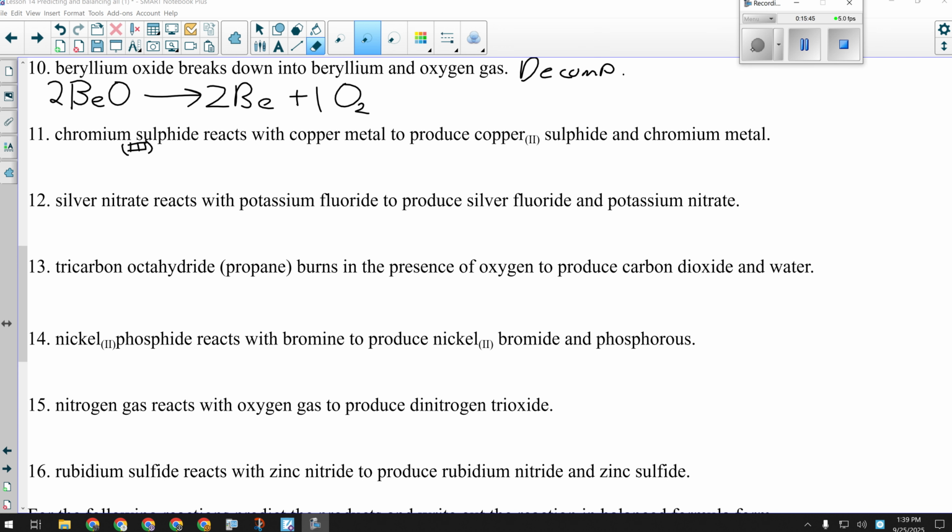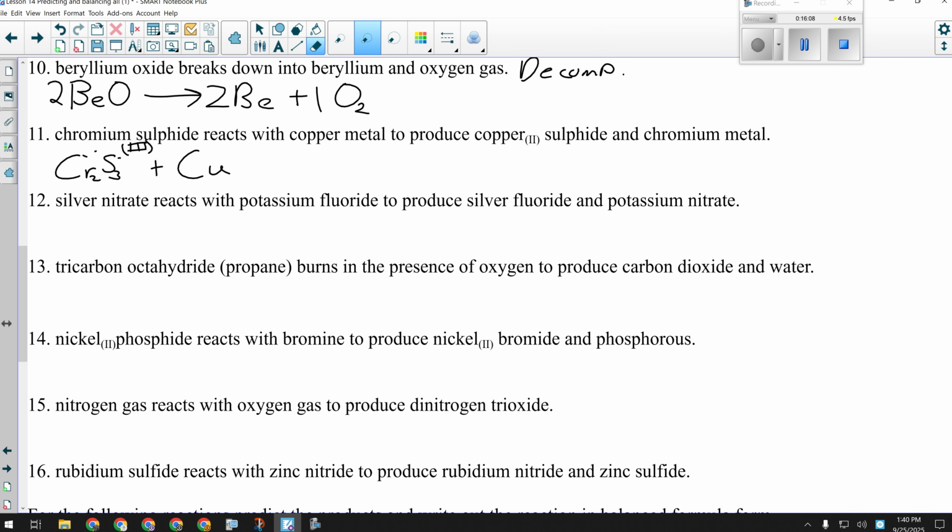All right, guys, let's look at a few more of these ones here. So this was the one we were talking about earlier that needed a Roman numeral but didn't have it. Okay, so chromium 3 sulfide. So that's the 3 plus chromium with sulfur, which is a -2. So Cr2S3 would be our properly dropped and swapped ionic compound there. It is reacting with copper metal.